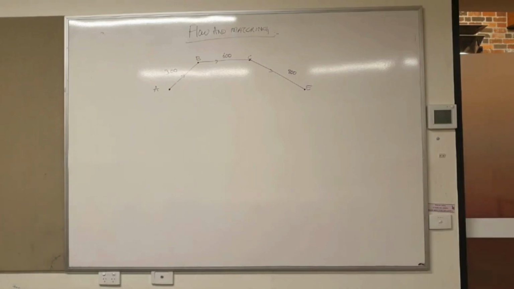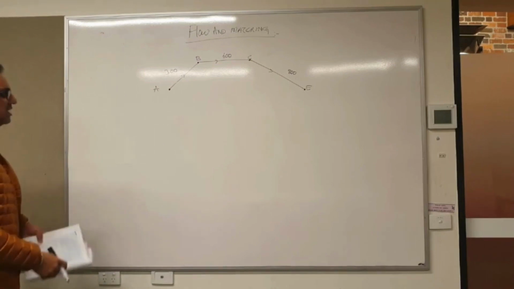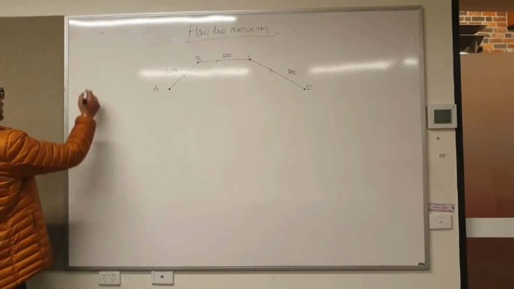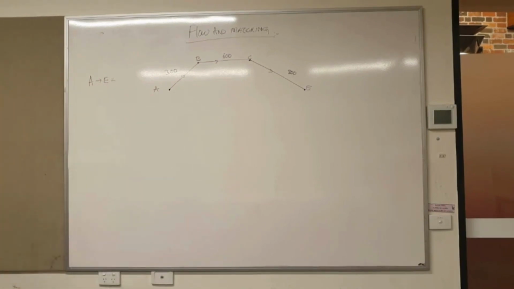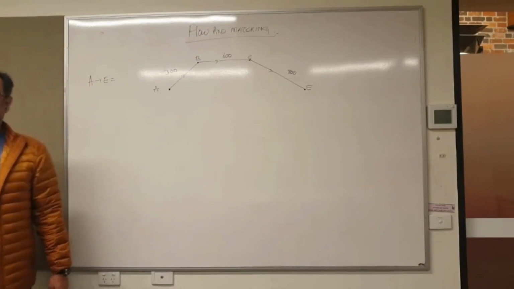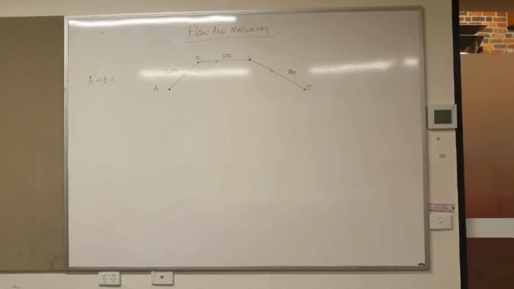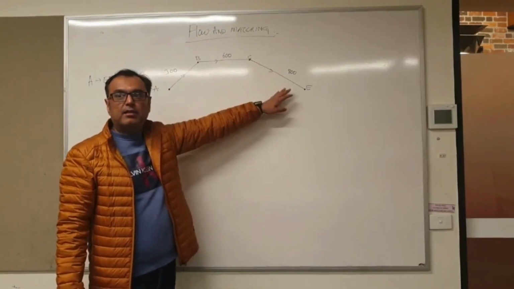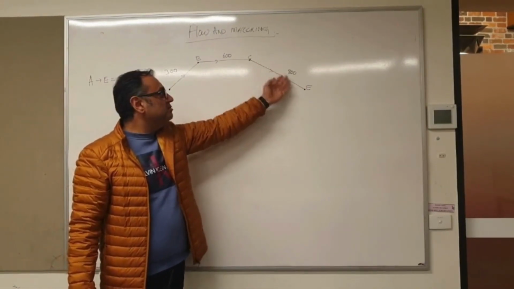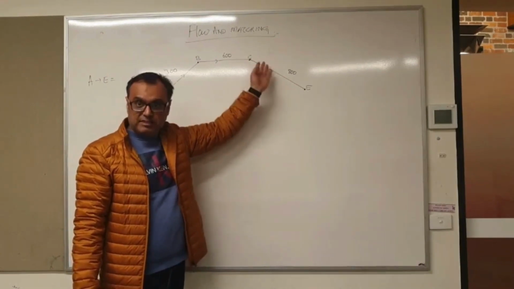If I now ask you, what is the maximum traffic flow from A to E? How many cars at the max can flow from A to E? Who can answer that? 1,700. Sorry? 1,700. Anyone else? These are the maximum capacity the roads can handle. You're talking about 1,700. That means they have to pass through this road. Can 1,700 pass through this road?